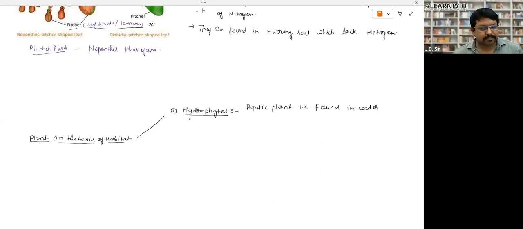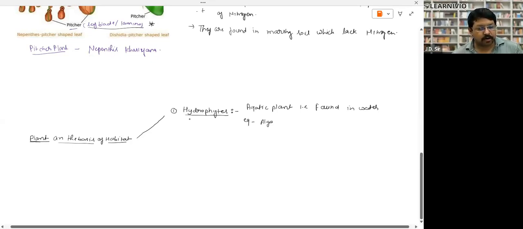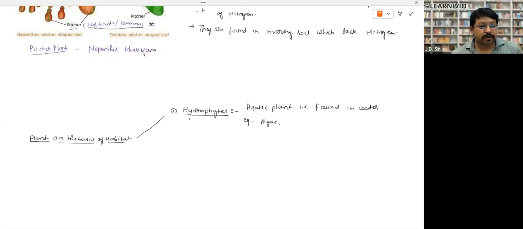Example: algae are hydrophytes. Next examples: lotus, and so on. So these are the plants found where abundant water, lots of water, is present.